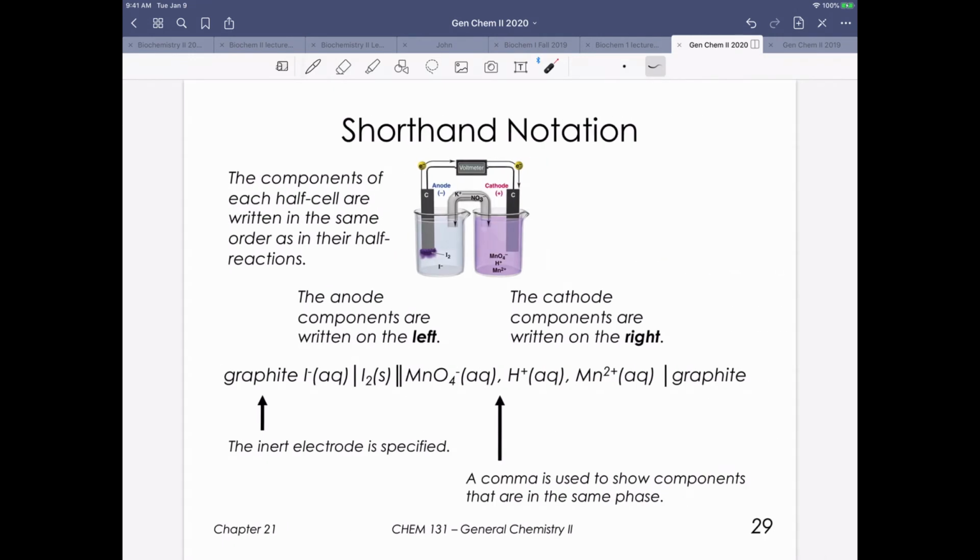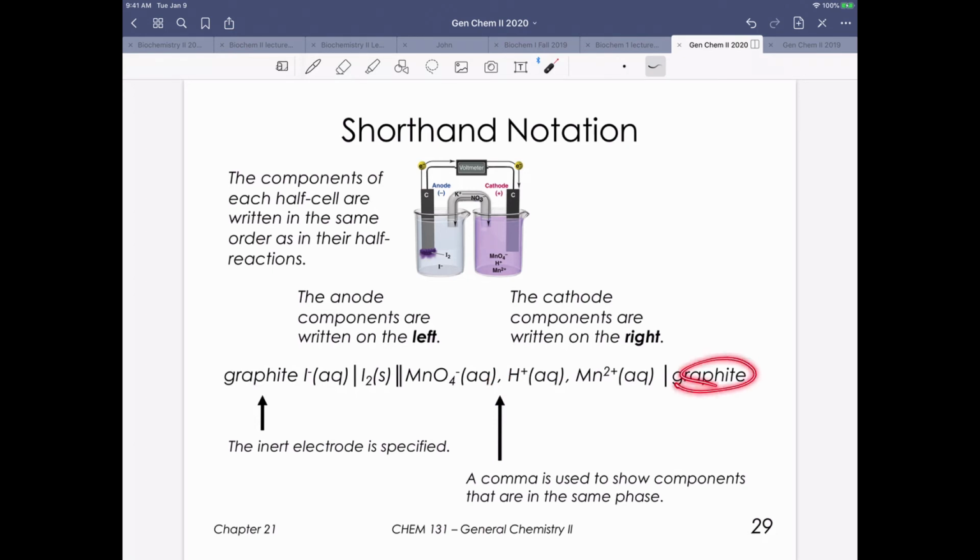Okay, so here's what that shorthand notation would look like for the one where we have the inert electrodes. And again, you have to specify what the inert electrode is. You could write carbon here, but carbon is also a graphite electrode. And again, we've got our iodide here, and then our solid iodine. And in this case, these are all ions in solution here. So for anything that is multiple ions in solution, we just separate things with commas if they're in the same phase.